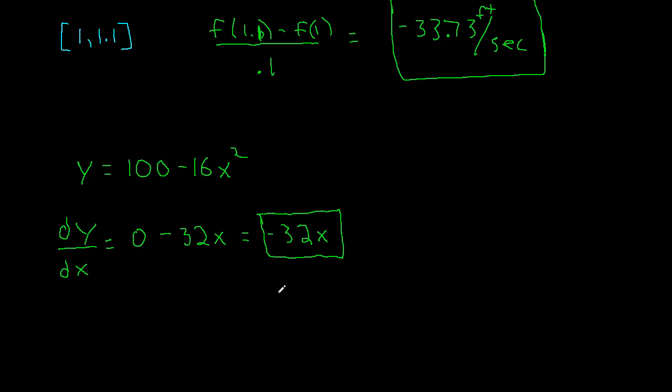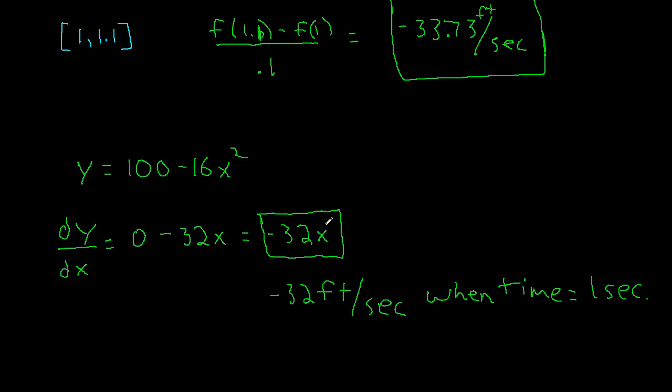So effectively what I want to do is substitute time equals 1 in for x, and we know that my object will be traveling at exactly 32 feet per second when time equals 1 second. There you go.